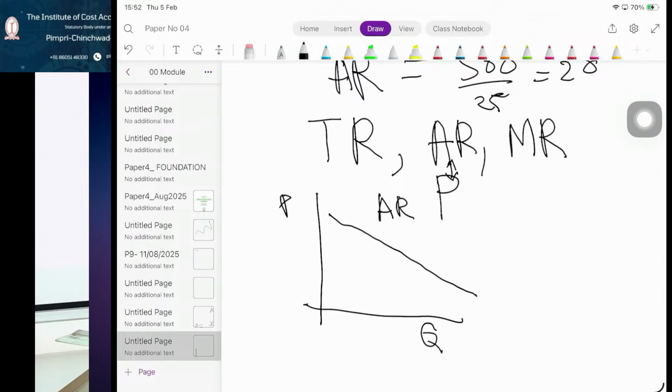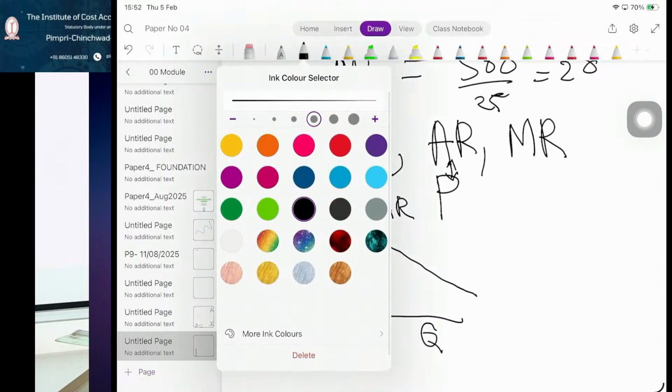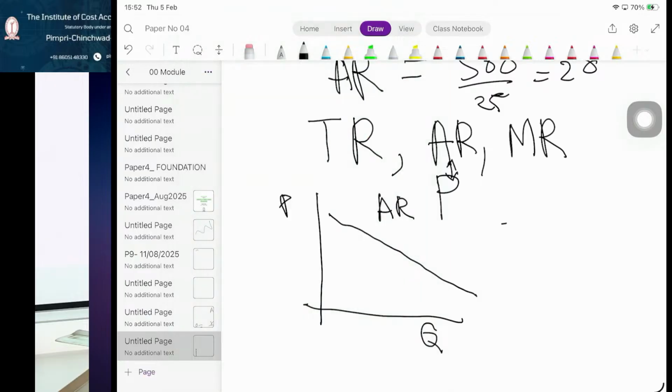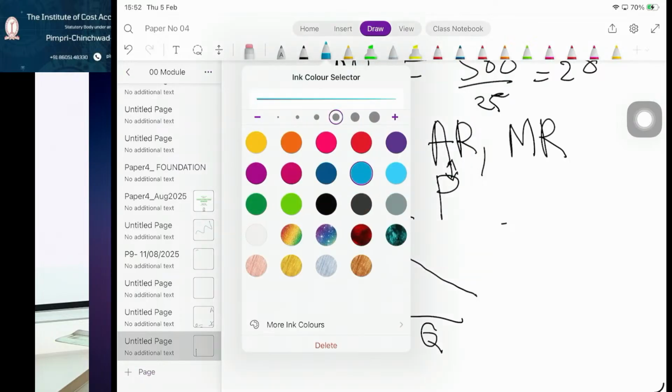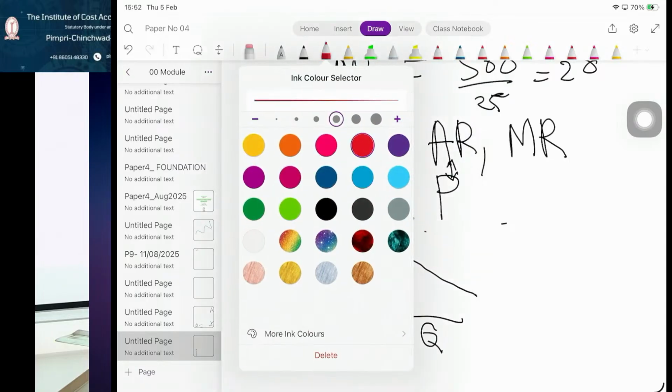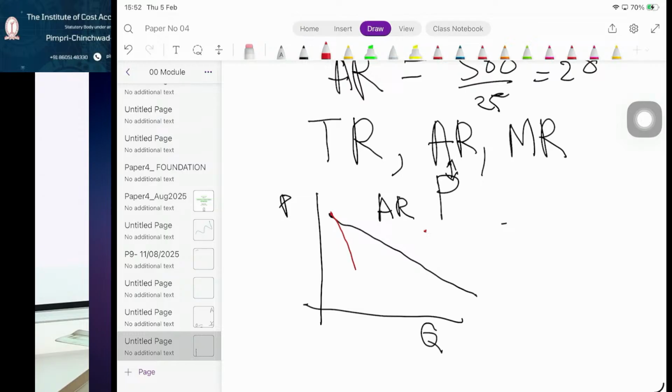And for this average revenue curve, the firm will have a marginal revenue curve, which is like this. This is the MR curve: positive, zero, and then negative.